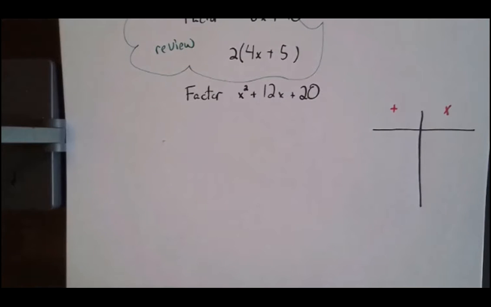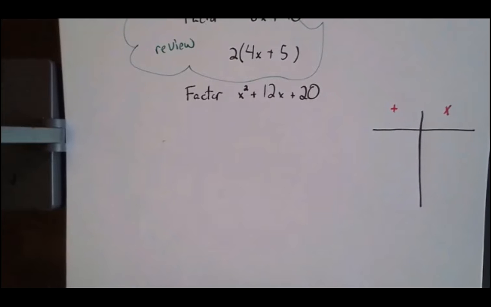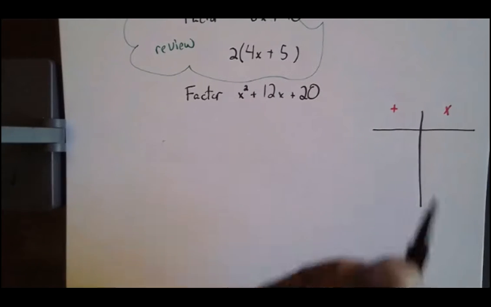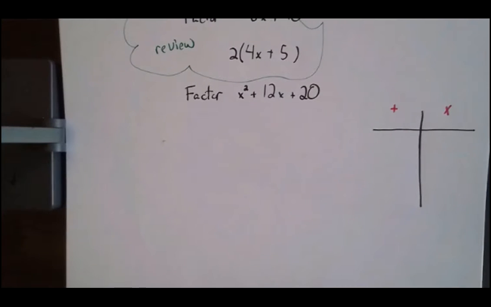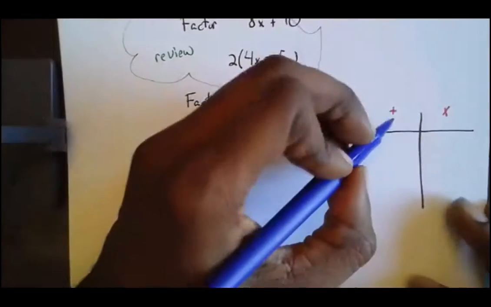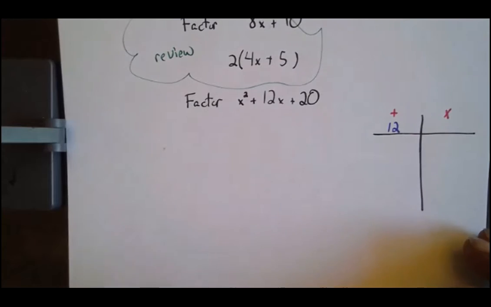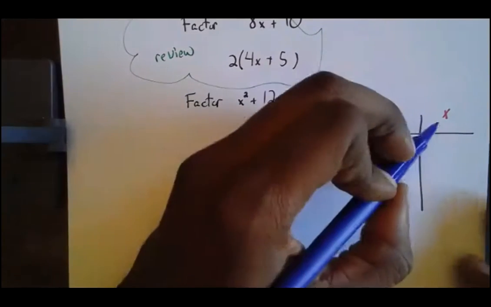The number in the middle is going to go under the plus sign, and the number at the end will go under the times sign.